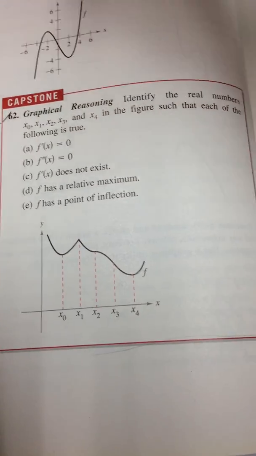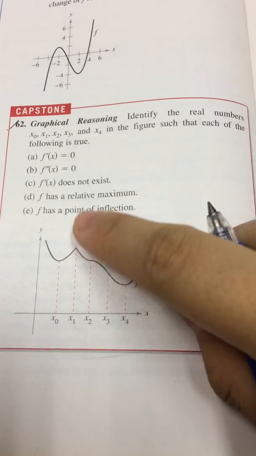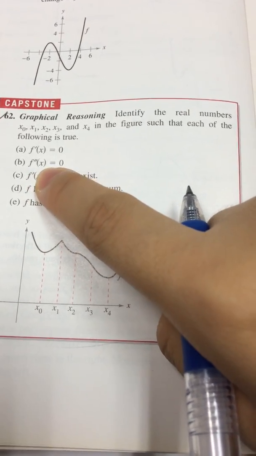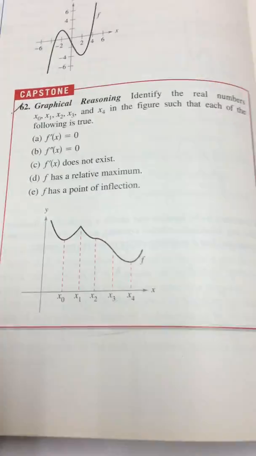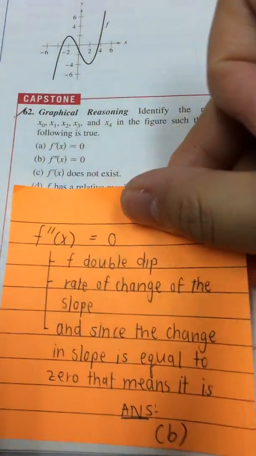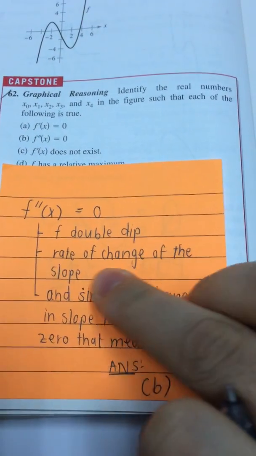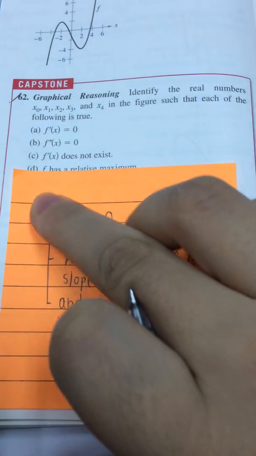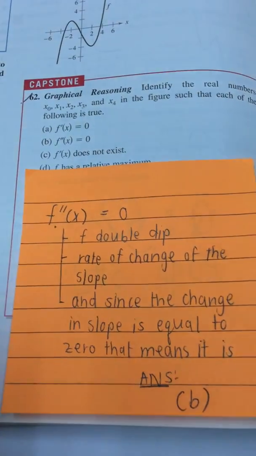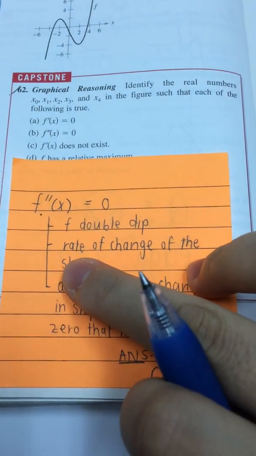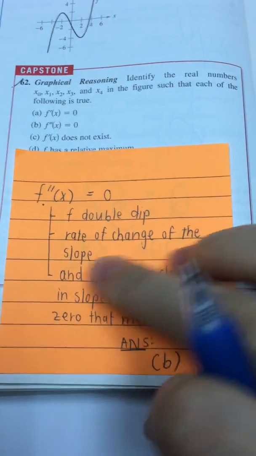So question B asks us which point has f double prime equal to 0. So f double prime. When we see this double prime, it doesn't mean slope anymore. What it means is that it is the rate of change of the slope.